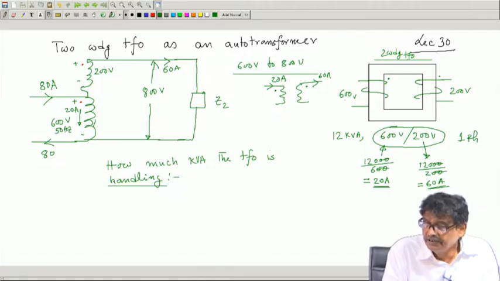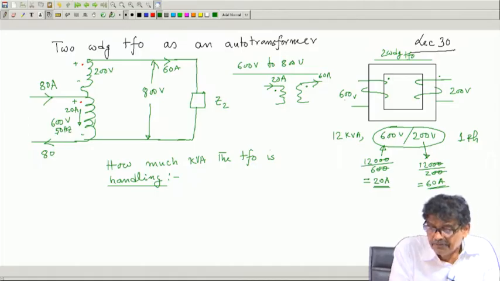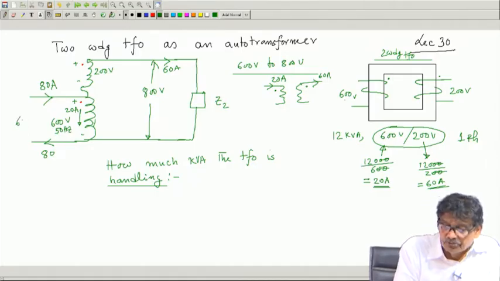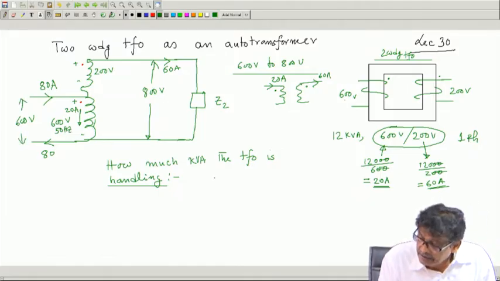How much kVA it is supplying to the load, or how much kVA it is drawing from the source, this is source. How much kVA it is delivering?